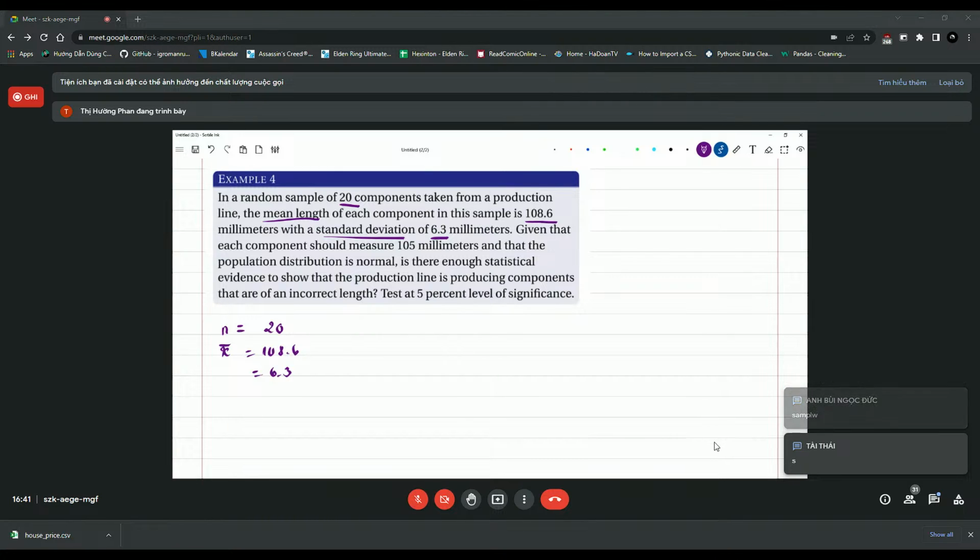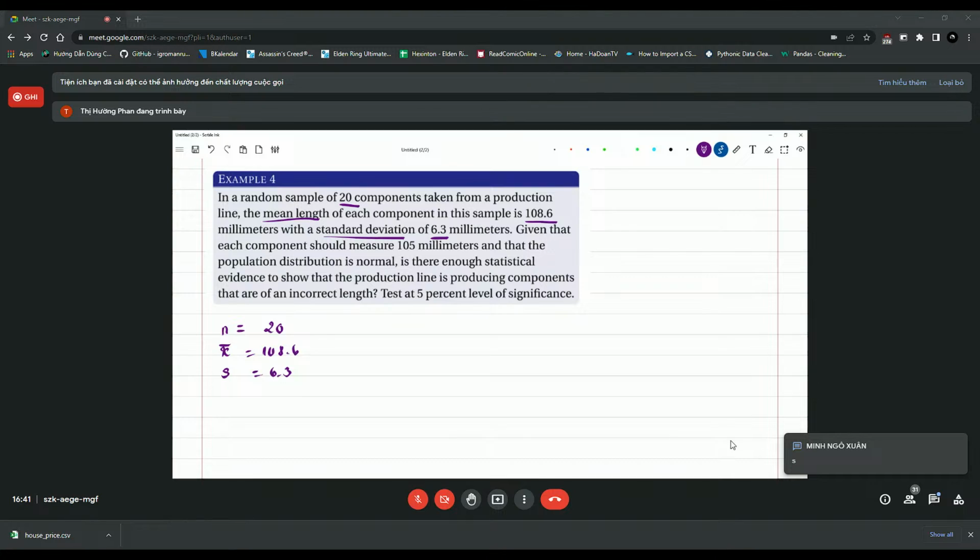S or sigma? Everyone, please follow me and show me your answer in the chat box. I'm guiding you step by step. Yes, this is the sample standard deviation denoted by S.